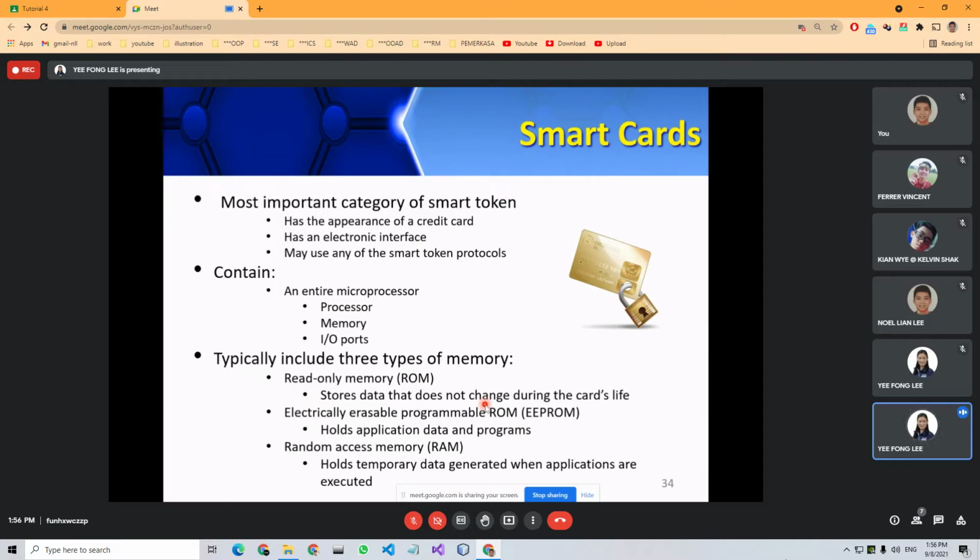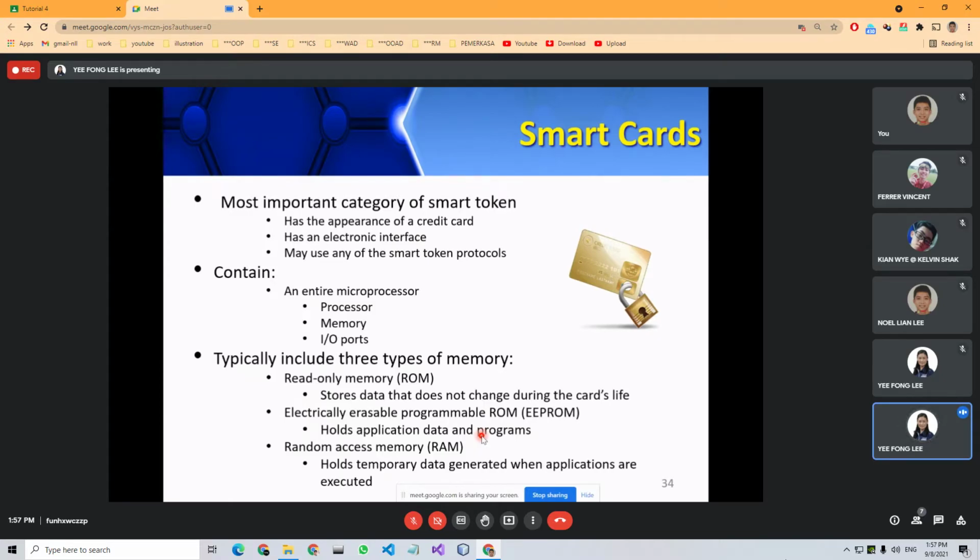Electrically erasable programmable ROM, EEPROM, holds application data and programs, where the data might vary with time. For example, with telephone cards, the remaining talk time will be different all the time.